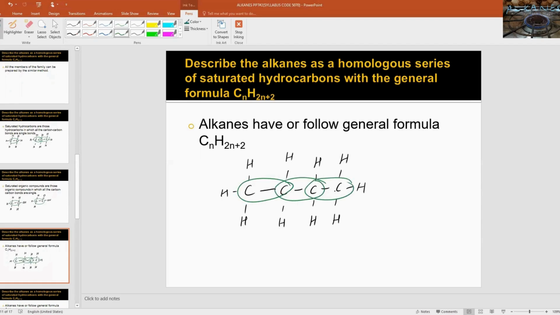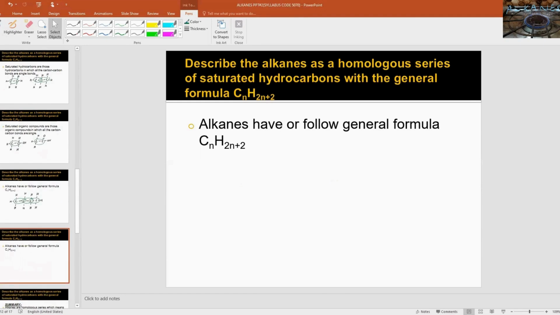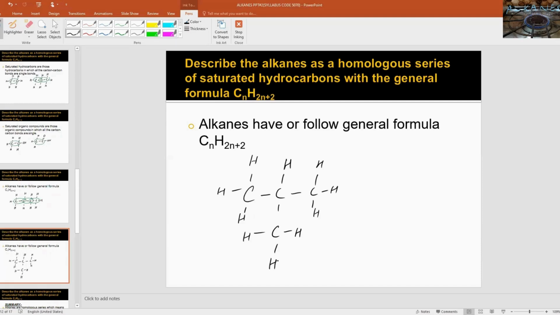It does not contain any kind of carbon-carbon double bond. This is another member of alkane. It's also an alkane. Again, you'll see it contains only carbon-carbon single bonds.